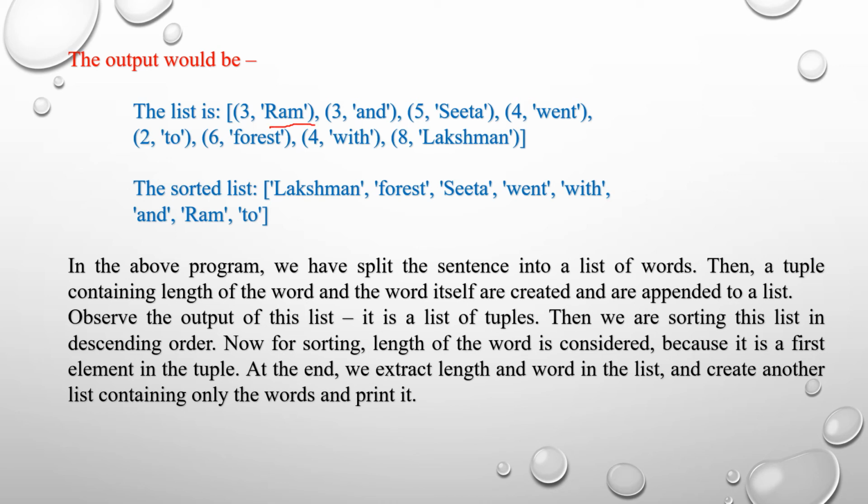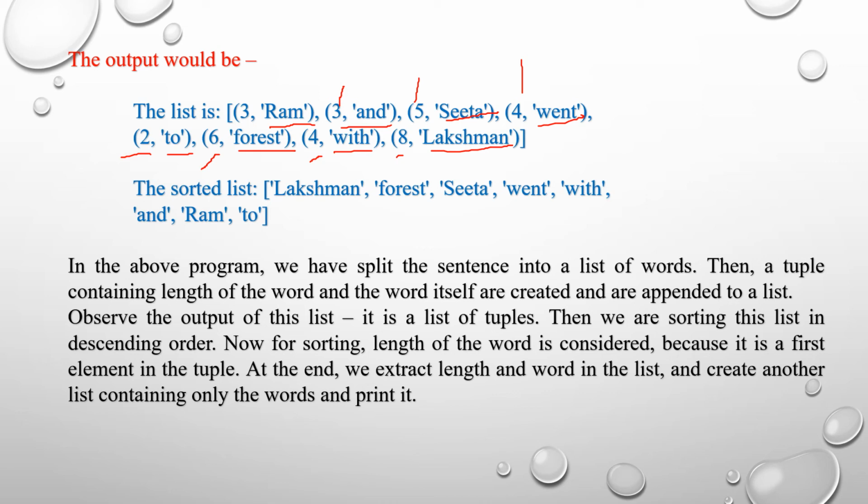The number of alphabets in Ram is 3, and next is and, whose length is 3, and next word is Sita, length is 5, and went, length is 4, and next is to, length is 2, and next word is forest, length is 6, next word is with, length is 4, and next word is Lakshmana, length is 4.